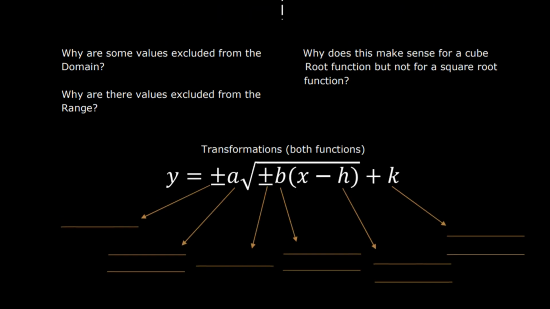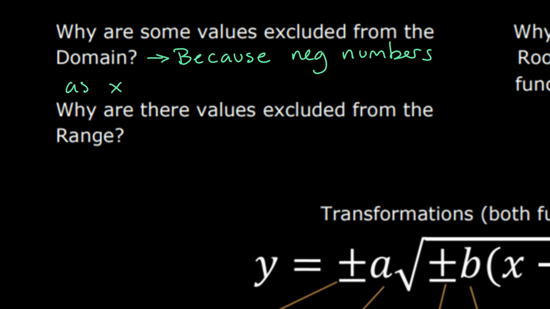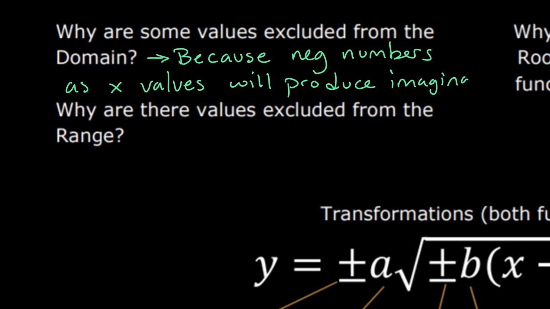So, why are some values excluded from the domain? Because negative numbers as x values will produce imaginary y values. And why are values excluded from the range?